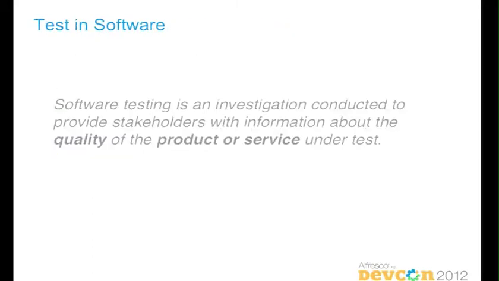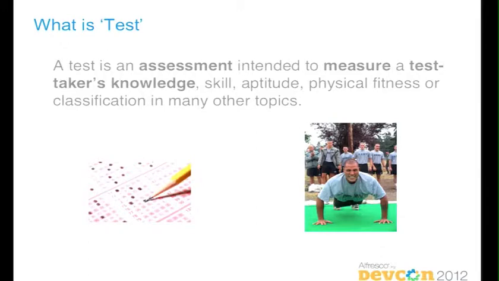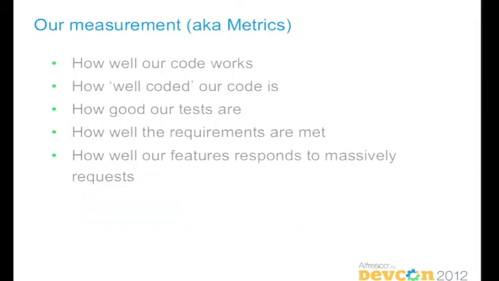And if you remember, I marked 3 concepts. So what's the measurement in software testing, or what do we measure? It's also known as metrics, and we can see that there are several.